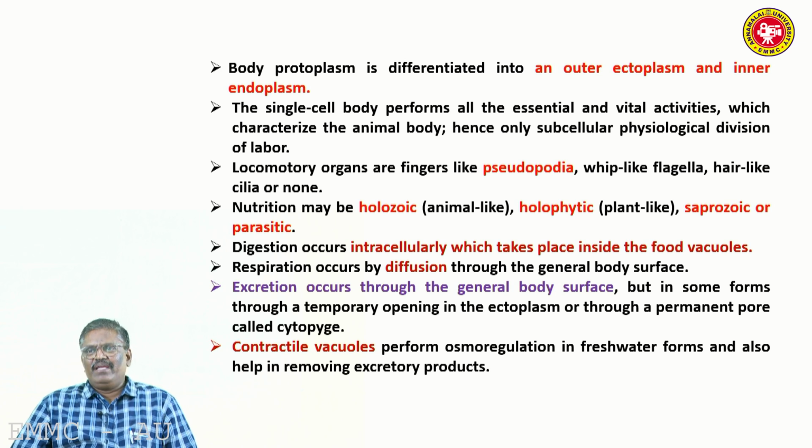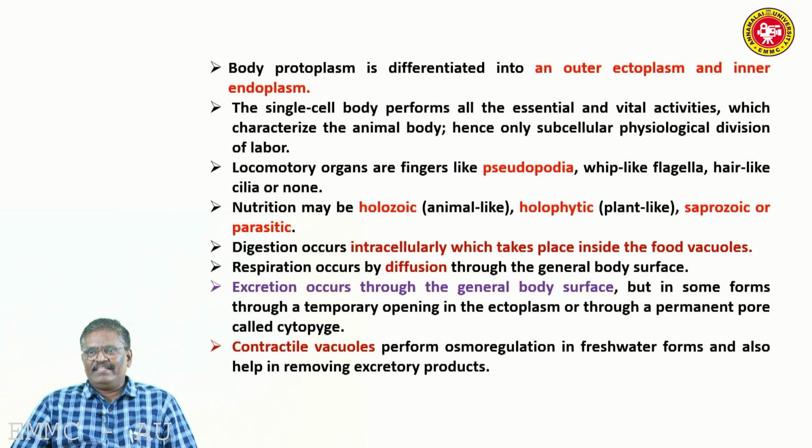The nutrition may be holozoic, holophytic and saprophytic. Holozoic is animal-like nutrition, holophytic is plant-like nutrition, and saprophytic is parasitic-type nutrition. Digestion is intracellular, taking place inside the food vacuoles.